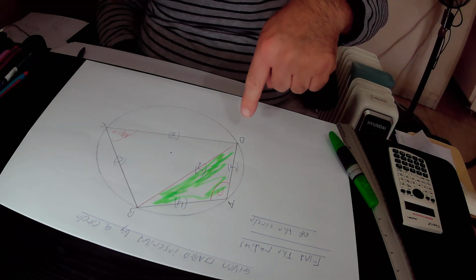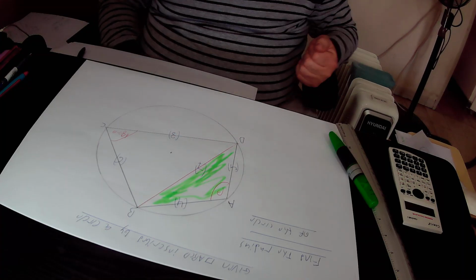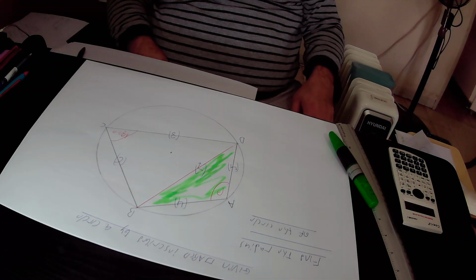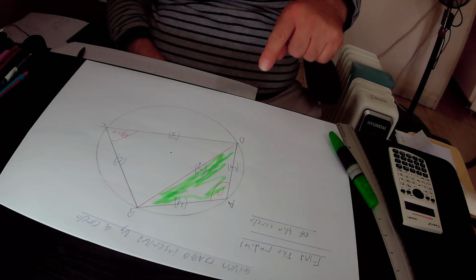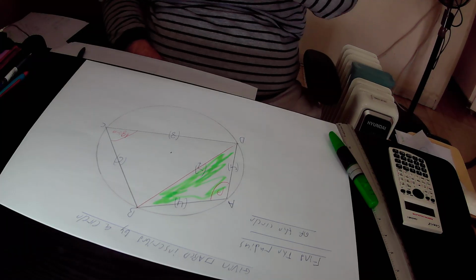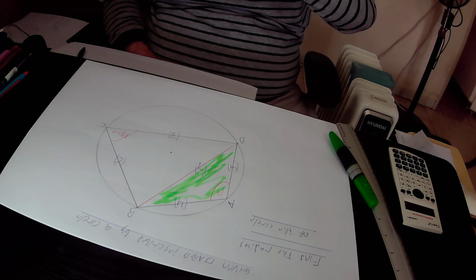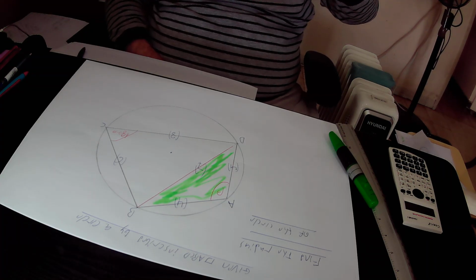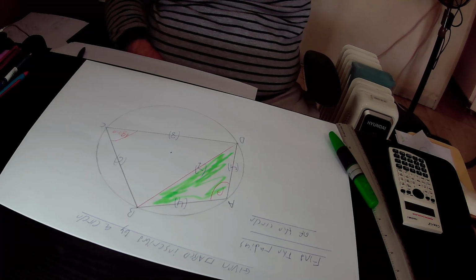This is triangle ABD. Triangle ABD is definitely inscribed in the circle, because all three vertices A, D, and B lie on the circle itself. Therefore, the green triangle is inscribed in the circle, and we can implement the law of sines in its full version.